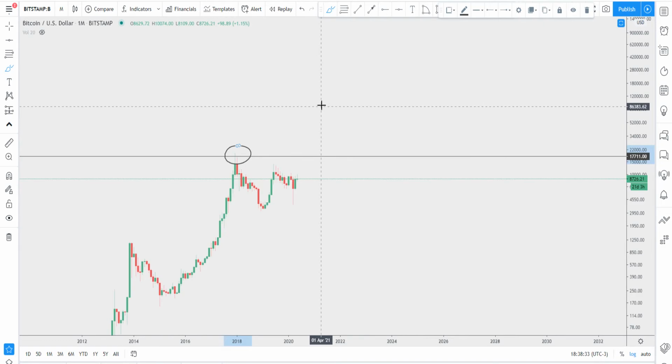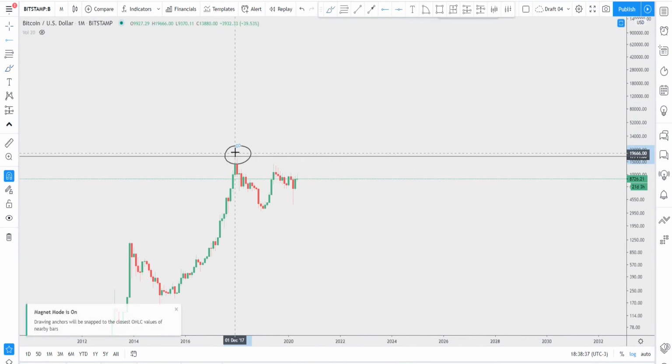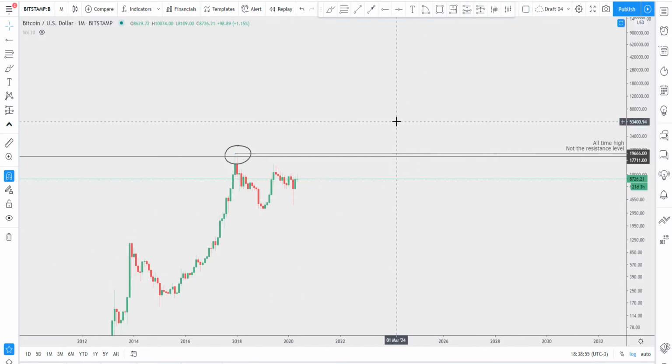So the all-time high, let me draw here. The first line is the all-time high, and the lower line is our main resistance level.